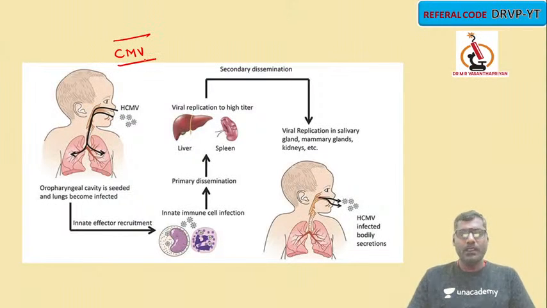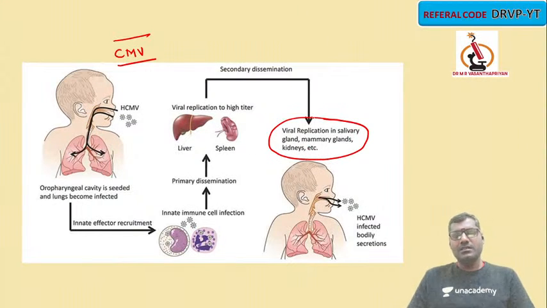Okay, now coming to the cytomegalovirus. Compared to herpes simplex, varicella and EBV, with cytomegalovirus, even the primary lesion mainly occurs in immunocompromised individuals. The virus is dormant mainly in the salivary glands and the renal system, the kidneys.